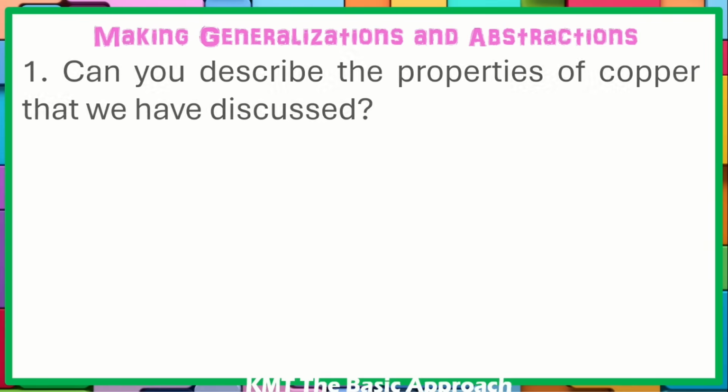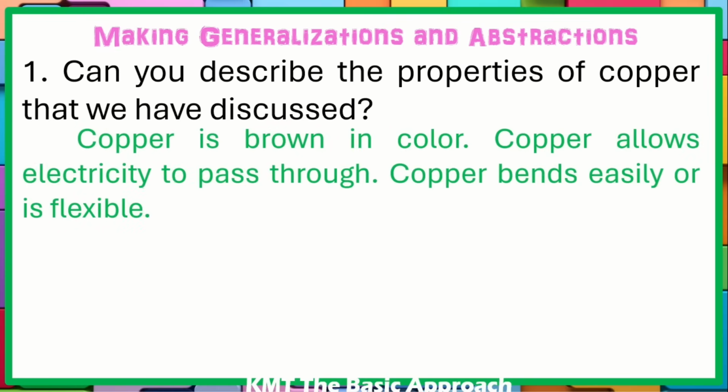Making generalizations and abstractions. Number 1. Can you describe the properties of copper that we have discussed? Great! Copper is brown in color. Copper allows electricity to pass through. Copper bends easily or is flexible.